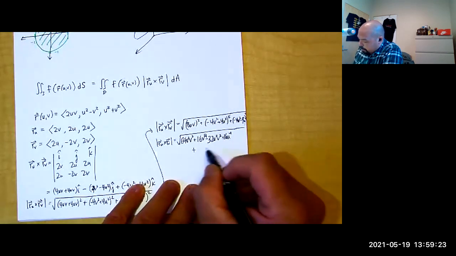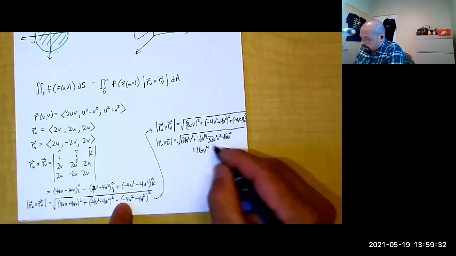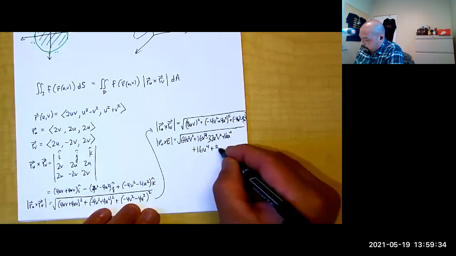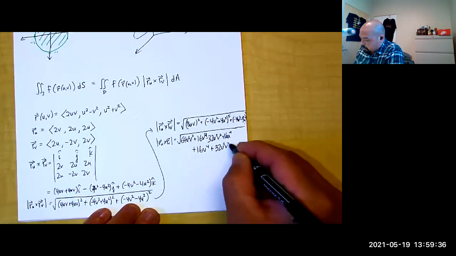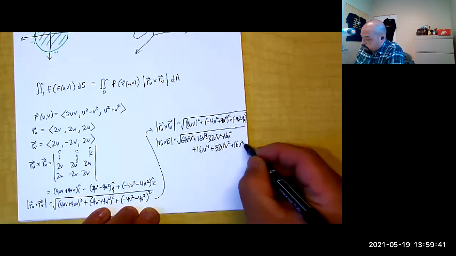And then similar over here, another 16 v to the fourth. These are both negative, so negative times negative will be positive, so plus 32 u squared v squared plus another 16 u to the fourth.